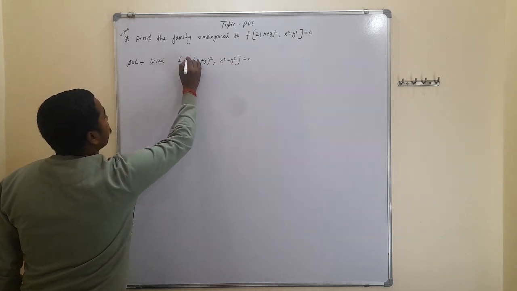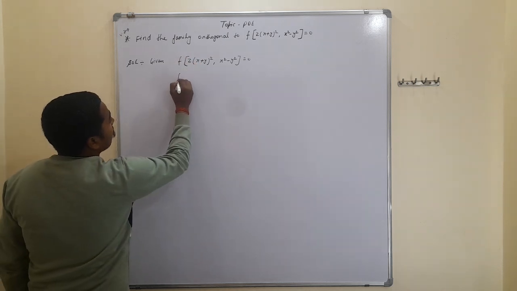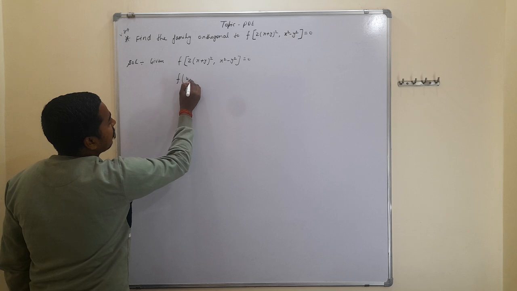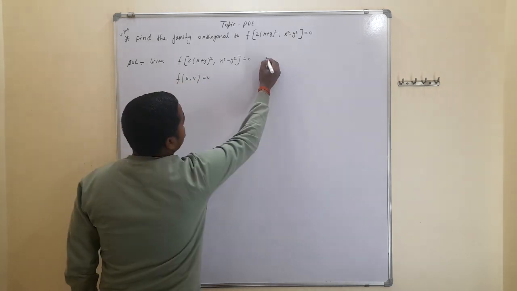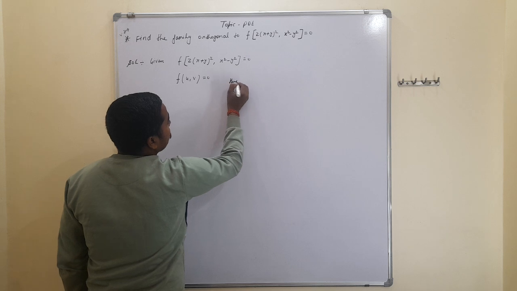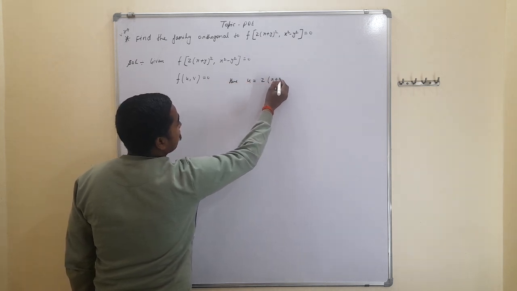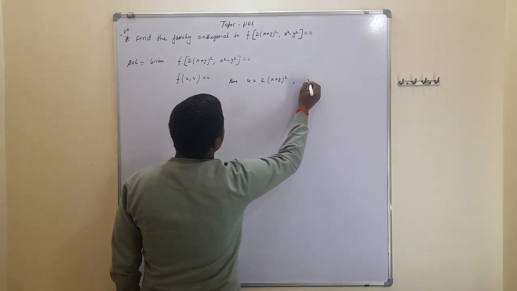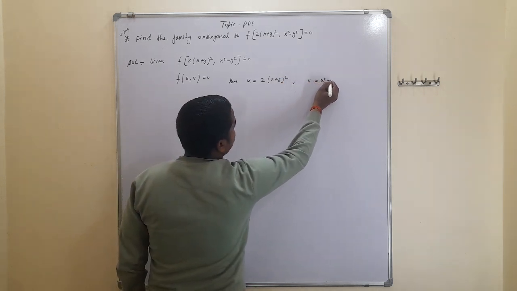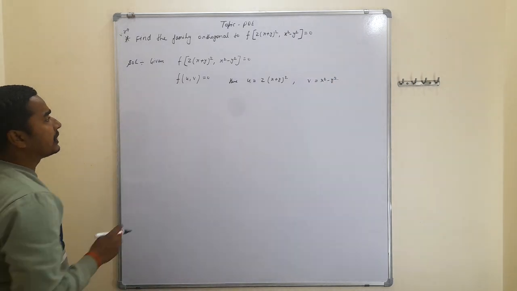This is given in the form of f of u comma v is equal to 0, where u is equal to z into (x plus y) whole square and v is equal to x square minus y square, and we have to use the chain rule.